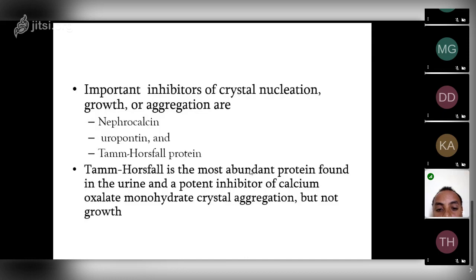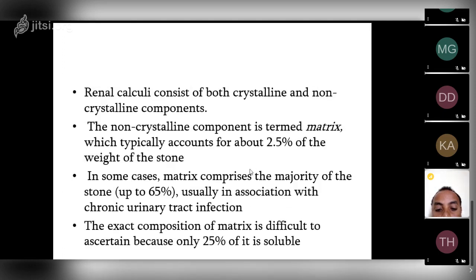Nephrocalcin, osteopontin, and Tamm-Horsfall proteins are also important proteins found in the urine and are potent inhibitors of calcium oxalate monohydrate crystal aggregation. But Tamm-Horsfall is not acting to inhibit the growth.